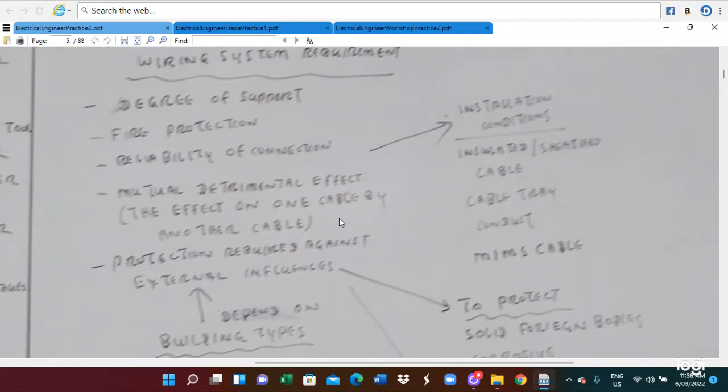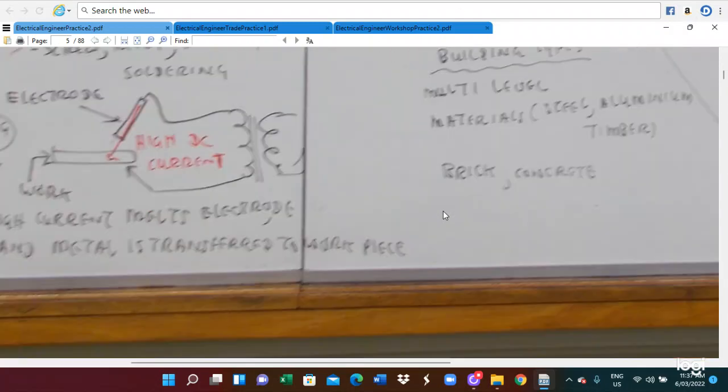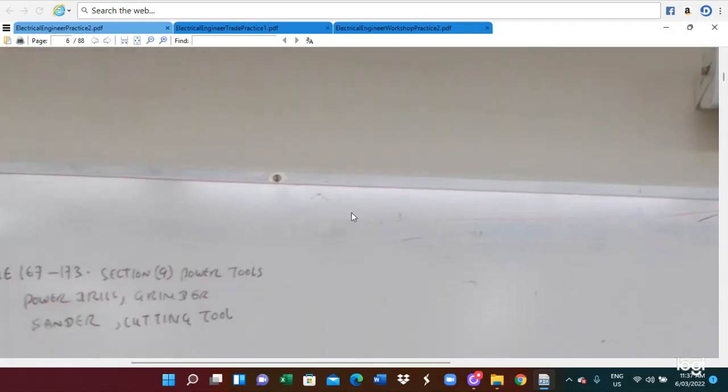In the meantime, we also have to know about the installation condition of the electrical wire: whether you run the electrical wire in conduit, on a cable tray, or as MIMS cable. Those have to be considered for the wiring system installation.